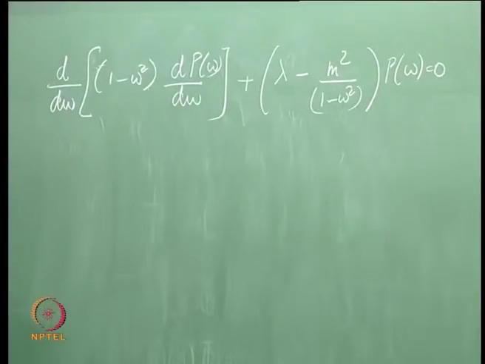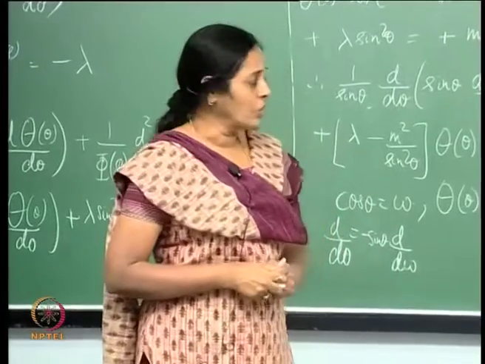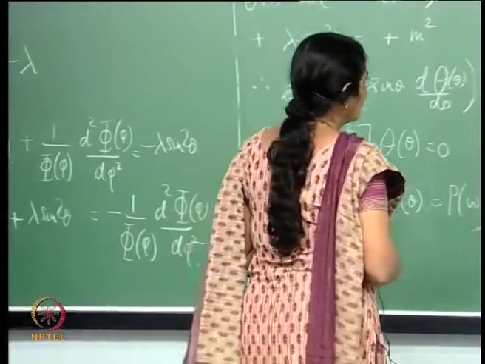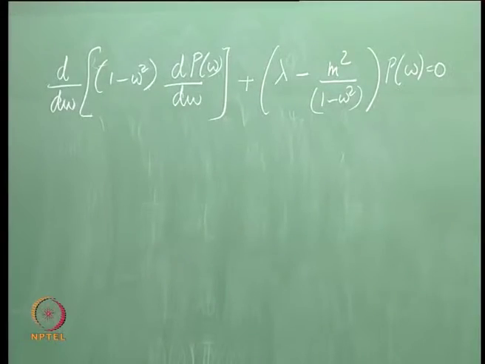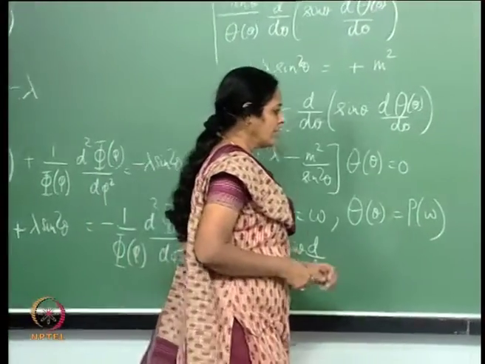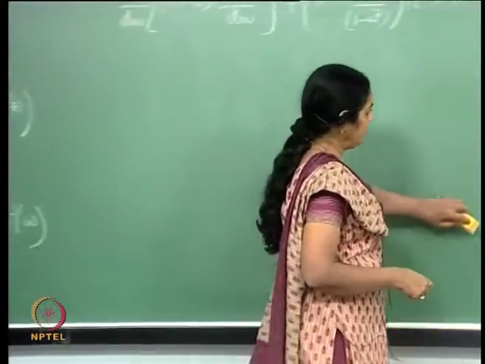As I said, this is analogous to the procedure we used when we worked with the linear harmonic oscillator. Let me quickly recapitulate what we did in the case of the harmonic oscillator.